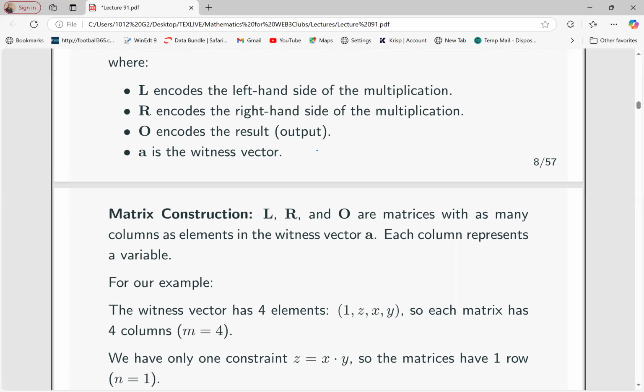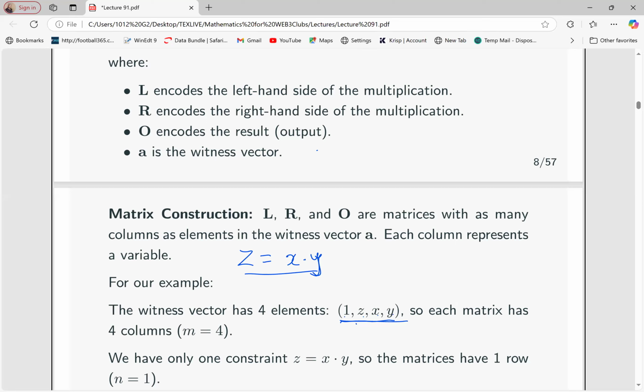Now, let's consider this example, and also the equation we had, which was Z equals X times Y. I want to consider this witness. But before that, how many columns do we see? 1, 2, 3, 4.